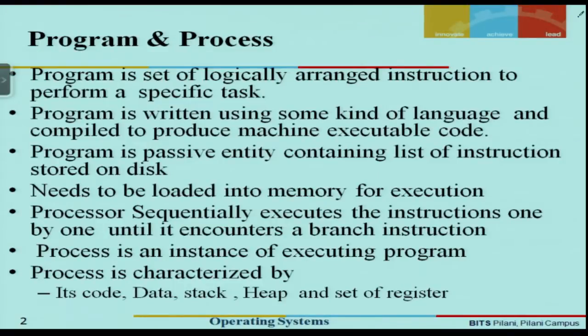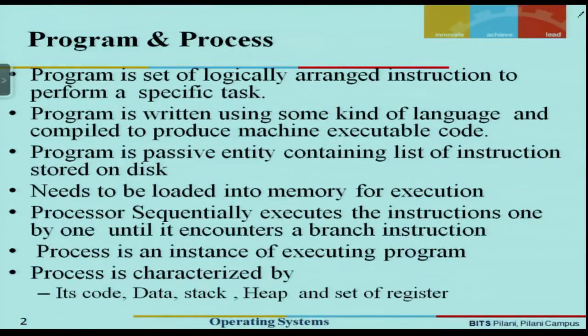Once the program gets loaded into the memory, we have a processor which will execute the program. The processor in general sequentially executes the instructions. The processor goes through a cycle of fetching the instruction, then decoding what operation that instruction is required to perform, and then finally executing.